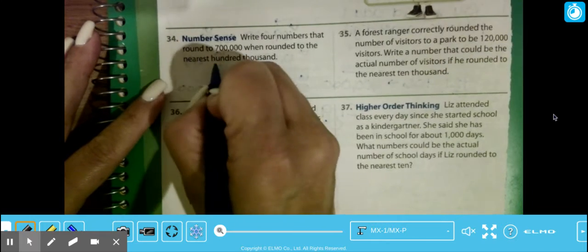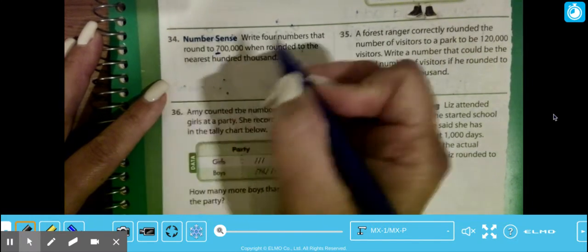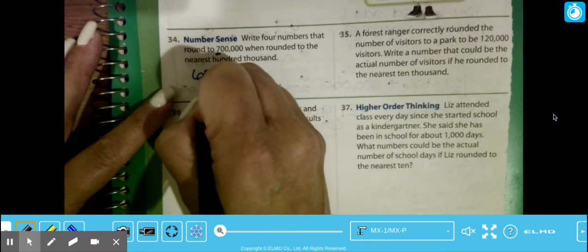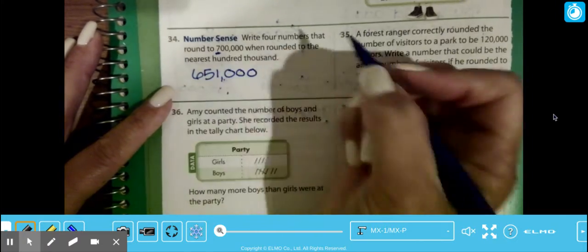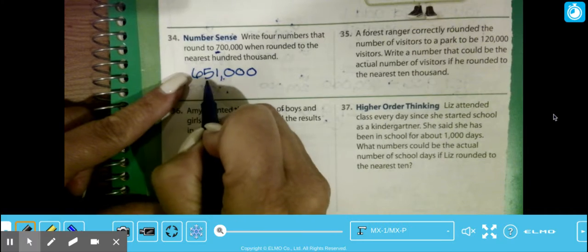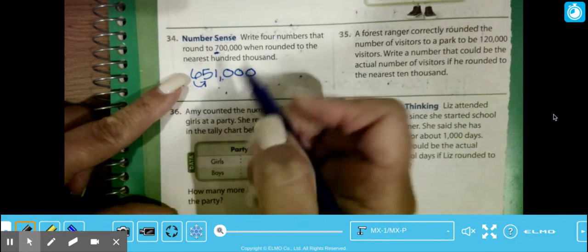So one of them, if we're rounding to the nearest 100,000, that's this place right here. I could have something like 651,000, couldn't I? Because if I'm rounding it to the nearest 100,000, I would look to the right. It's a 5, so my 6 would turn into a 7.